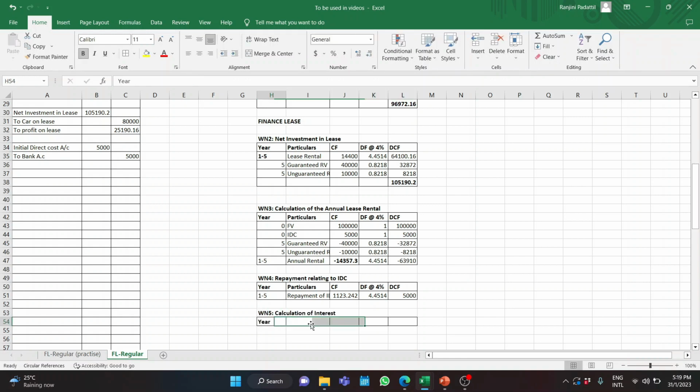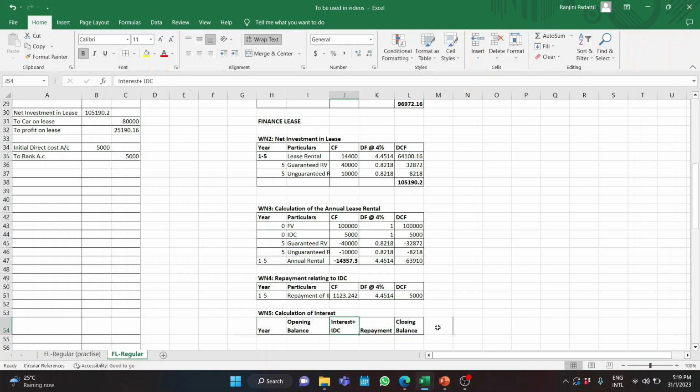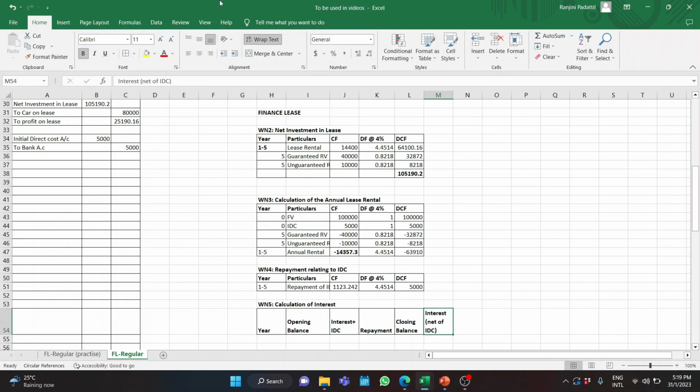So it's the year, opening balance, interest plus IDC, the repayment and the closing balance. Now over here, let me do interest net of IDC so that it becomes easy for us to pass our accounting entries.